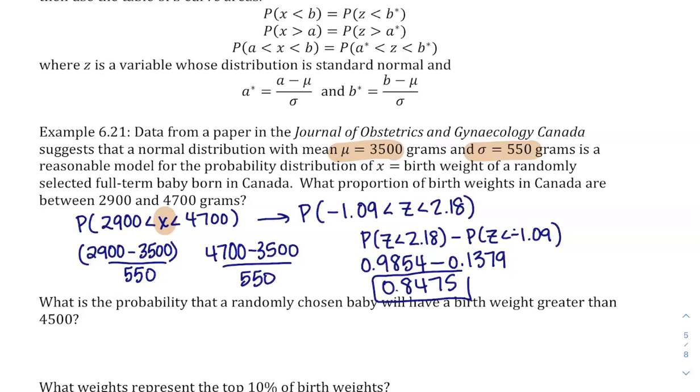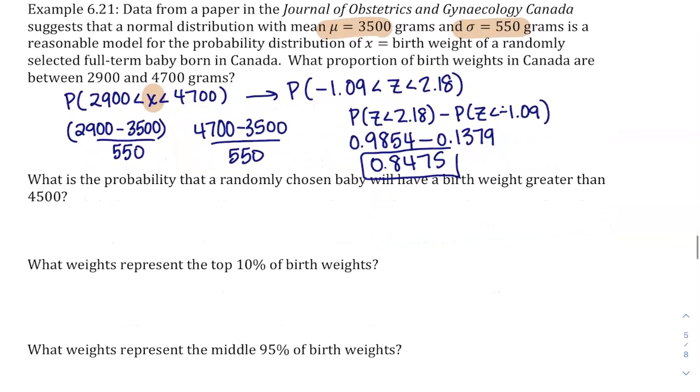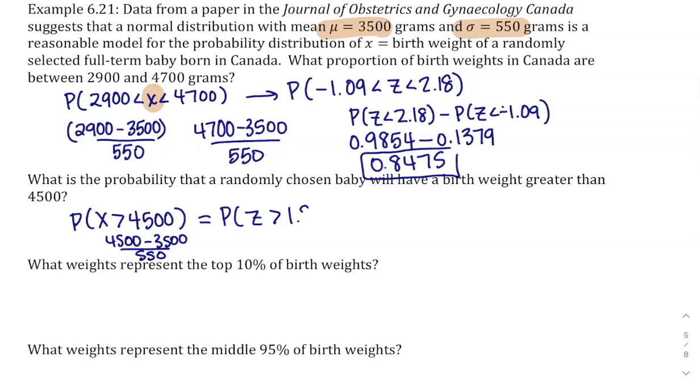Now, the next question: what's the probability that a randomly chosen baby will have a birth weight greater than 4,500? So what we're doing here is finding the probability that x is greater than 4,500. Let's make this into a z. We take 4,500, subtract the mean of 3,500, divide by the standard deviation. This gives us 1.82.